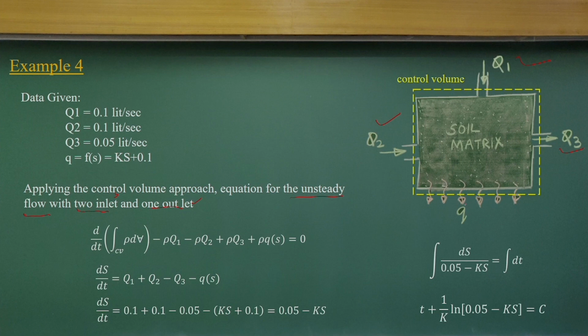Then there is another outlet, the seepage, which is coming out, in terms of S. When I consider this control volume with Q1 and Q2 as inflow, and Q3 as outflow, the small q is also outflow, which is a function of S, the storage, with K 0.1, and the unit will be liters per second. Then I just apply the unsteady flow equation, conservation of mass.